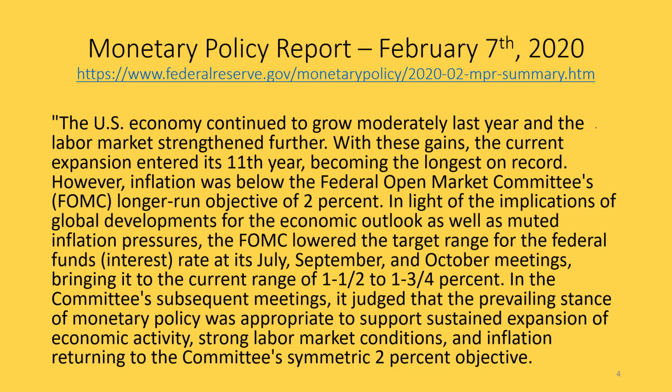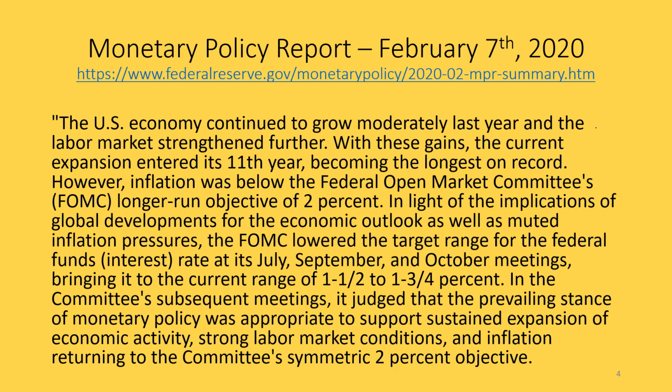Now it says in the committee's subsequent meetings, it judged that the prevailing stance of monetary policy was appropriate to support the sustained expansion of economic activity, the strong labor market conditions, and inflation returning to the committee's symmetric 2% objective. Right, so again, this is a very long-worded way of saying that the Fed is going to continue to use expansionary monetary policy by keeping these interest rates low, even though we are currently in an expansion.